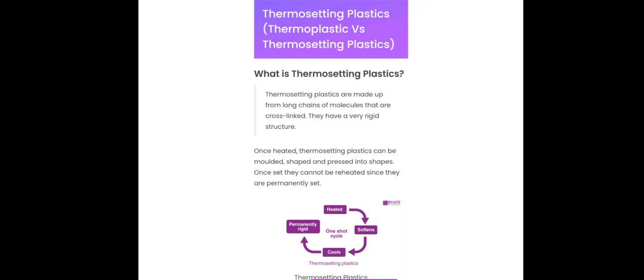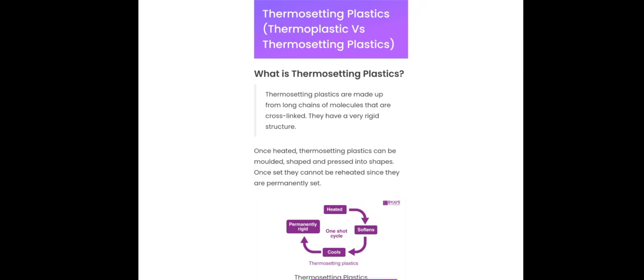Coming to thermosetting plastics. Thermosetting plastics are the plastics which on initial heating get softened, on final cooling get hardened, and on reheating they will be set into one particular form or molded to one particular shape, and that's why these are called thermosetting plastics.